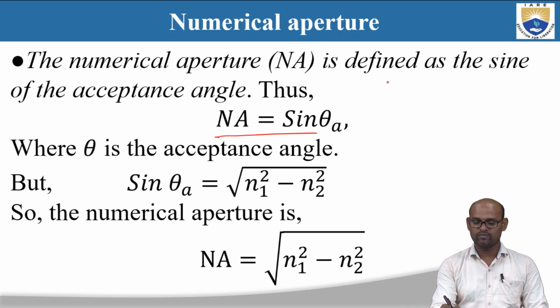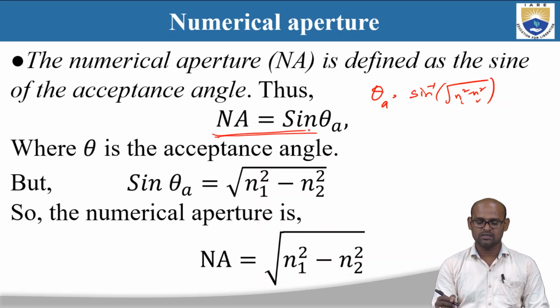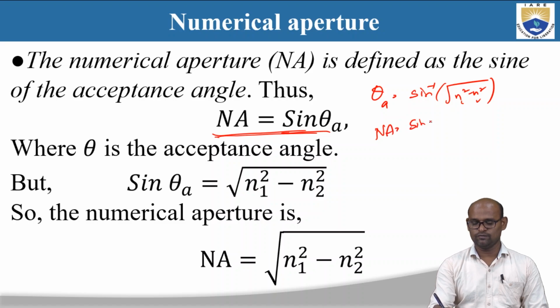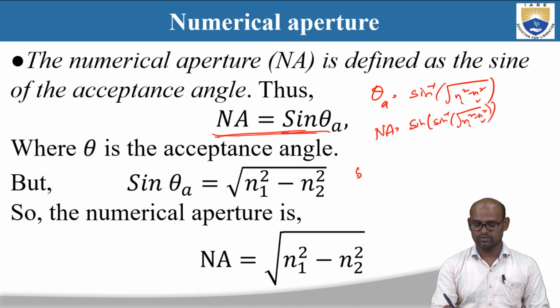Just now we derived the equation for the acceptance angle, which is sin inverse of square root of n1 squared minus n2 squared. Now we have defined numerical aperture as the light gathering ability of the optical fiber, and mathematically we can write this as sine of theta A. But theta A is sin inverse of square root of n1 squared minus n2 squared.